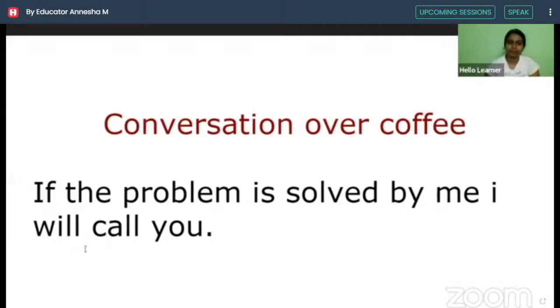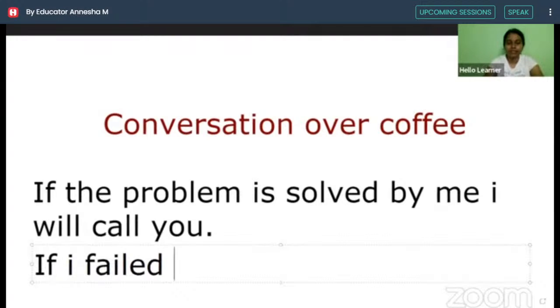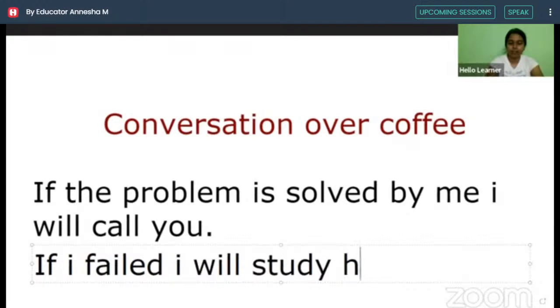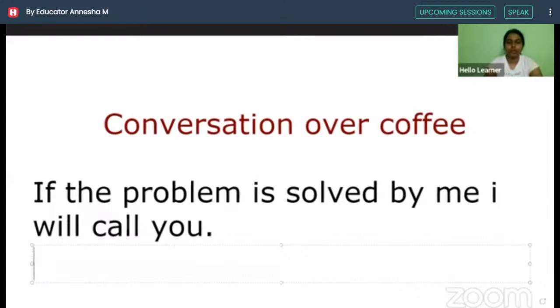No, ma'am. Not second conditional. If the problem solves, so that is not second conditional. If I failed, I will. If the problem solves, ma'am, write this statement. Not solved, Shailendra. Solves.